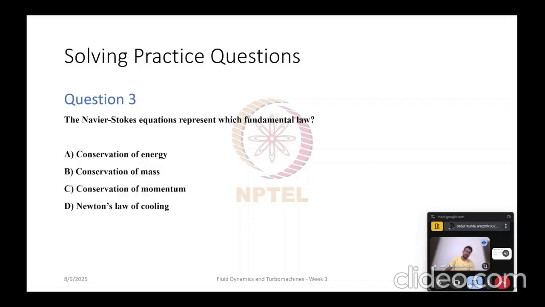Is it option A, the conservation of energy? Is it option B, conservation of mass? Is it option C, conservation of momentum? Or is it option D, Newton's law of cooling?